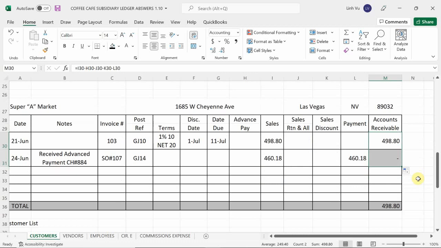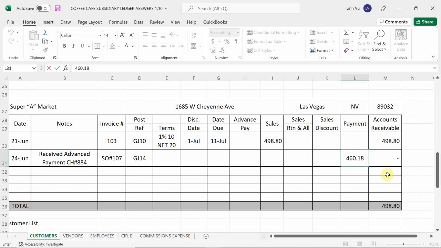Reason why you want to keep it like that is because if you have your equal sum and made a reference point saying, okay, they just paid me the 460.18, it's going to show a negative balance, and it looks to me like the payment covered the previous balance, which in this case, no, this advance payment isn't for the previous balance.